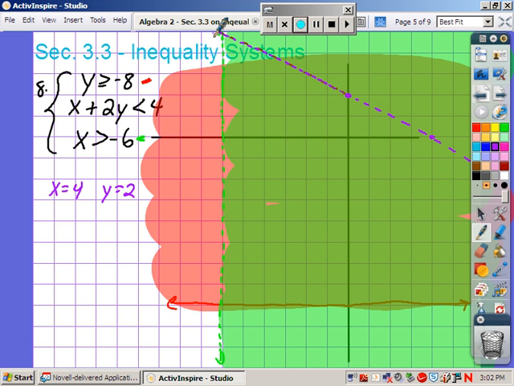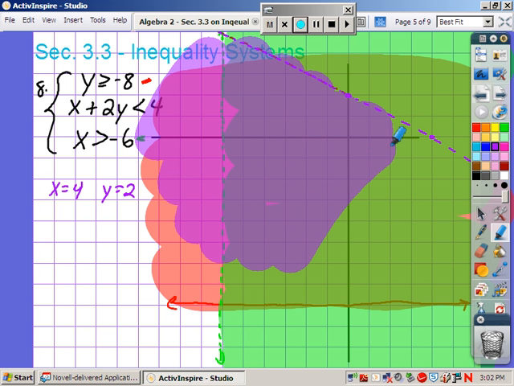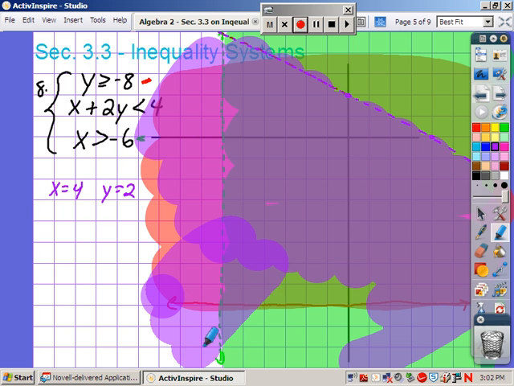And then the shading for it would be less than, or in other words, down from that line. So the shading is all down that line, all this way. It's really tough to see when you've got shading going all over the place here.